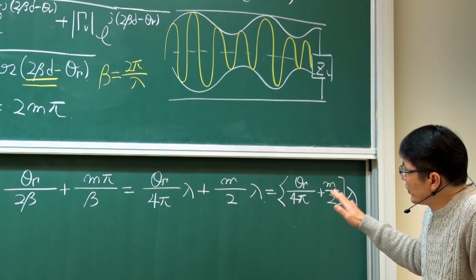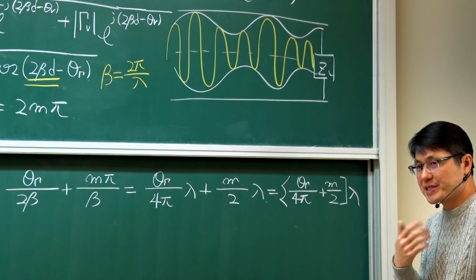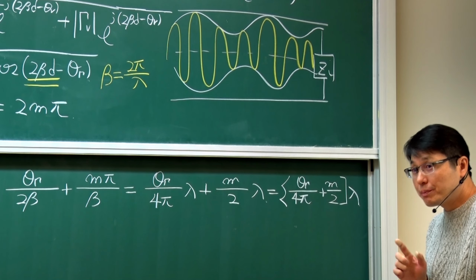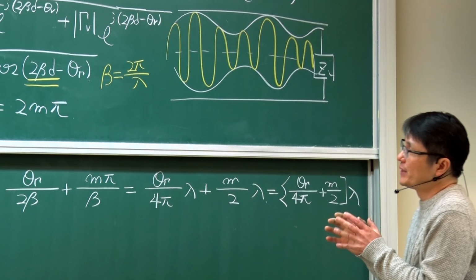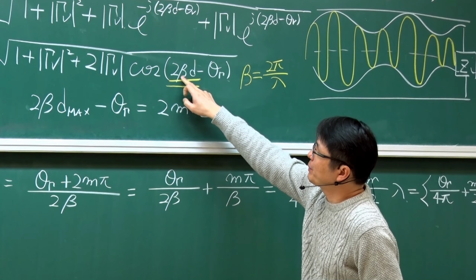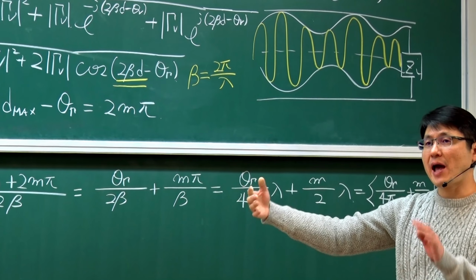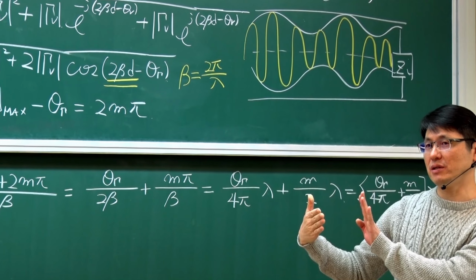So take a good look at the derived result. Are you satisfied? You should be, because as we predicted, due to the fact that we now have the 2 beta d, it makes this cosine wave have a faster periodicity.